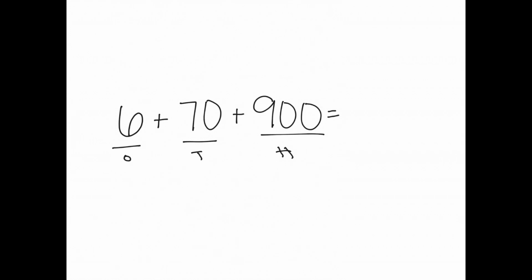So when I rewrite that number, I need to make sure I'm still starting with my hundreds. So I want to start with 9 for 900s. Then I'm going to go to the tens, so I'm going to write a 7, and then I'm going to write the 6 ones. Because even though this is 6 plus 70 plus 900, I need to make sure that when I rewrite it, I have the numbers in order of hundreds, tens, and ones.